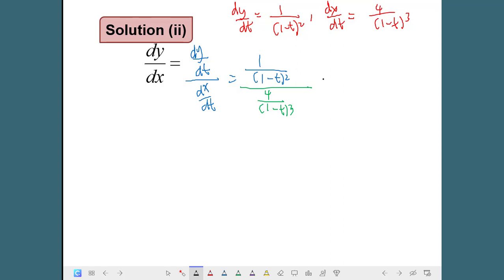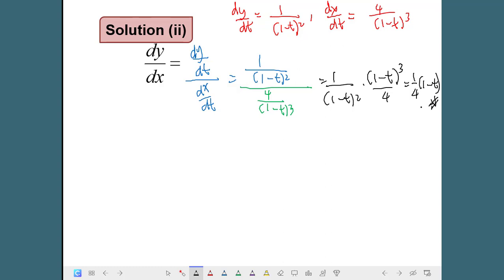Simplify: 1 over (1 minus t) squared times (1 minus t) cubed over 4, and then the answer is 1 over 4, times (1 minus t).